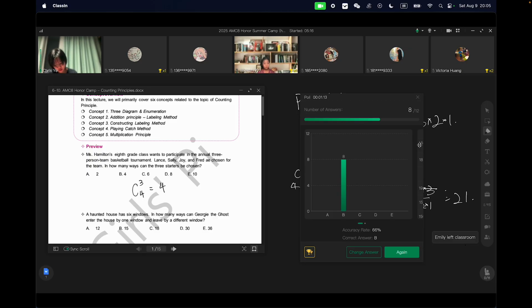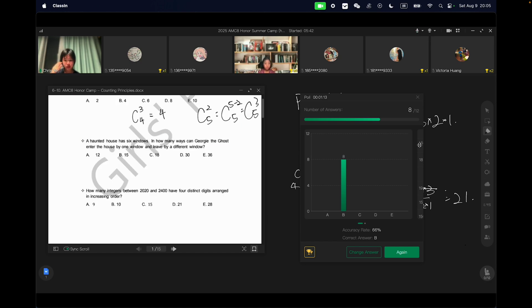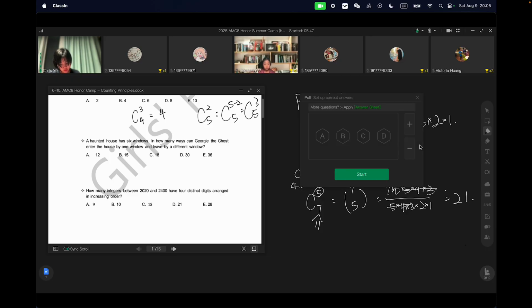Another property of combination formulas is that, let's say we have C5 out of 2, then it will be the same as C5 out of 3, because 2 plus 3 is equal to 5, and that will apply to all other combinations as well, except for 0, because they will have 0 way to choose 0 out of each. Anyway, moving on to our second preview question.